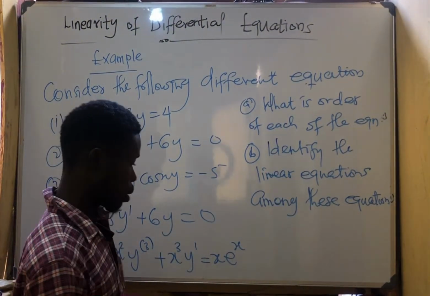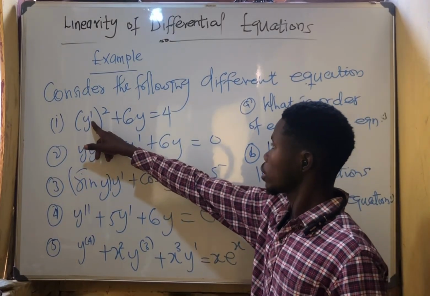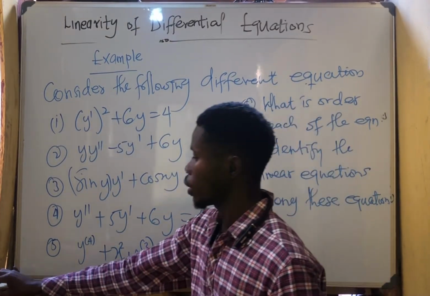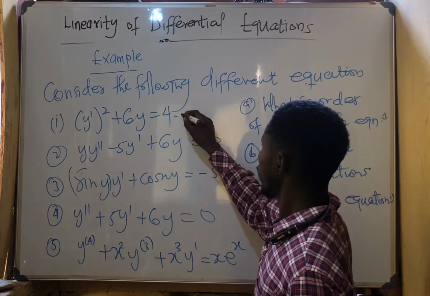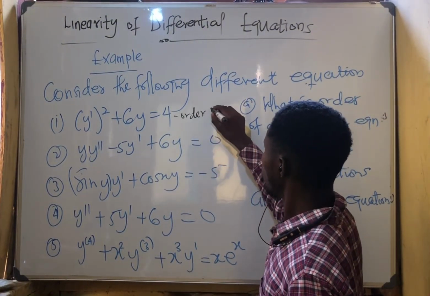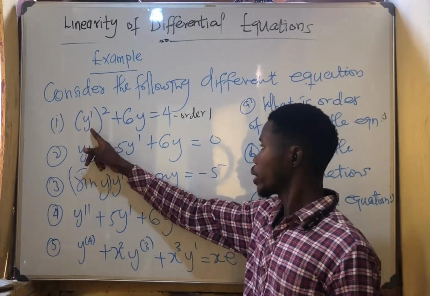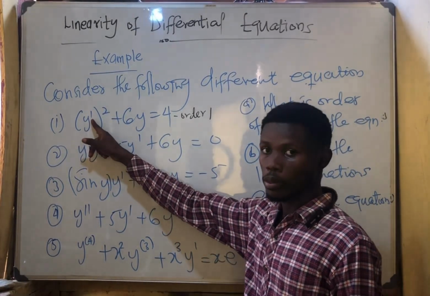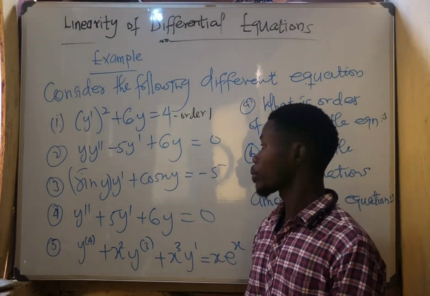So first thing, you want to look at the order. So you pick the first one. What will be the order of it? And you know, so the order will be 1 because this is power or degree and this is the order, the prime. So the highest order there or the highest derivative is the order.